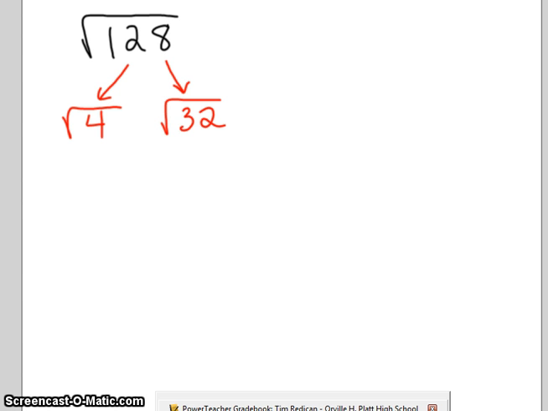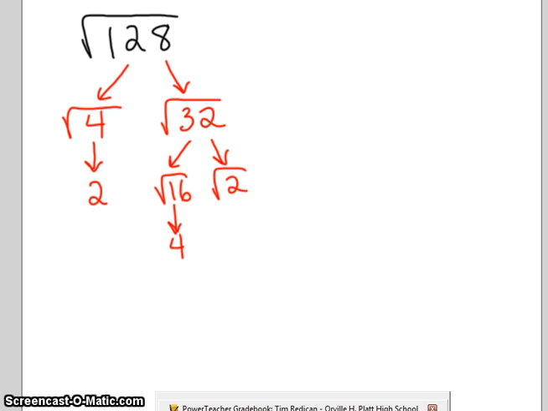All right, now you could break this down. I know the square root of 4 is a perfect square, and that's just going to be 2. We just learned about the square root of 32, which was the square root of 16 and the square root of 2. All right, the square root of 16 is also a perfect square. That's 4. And the square root of 2 is in its simplest form.